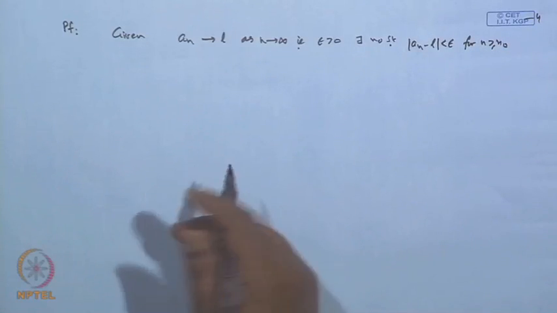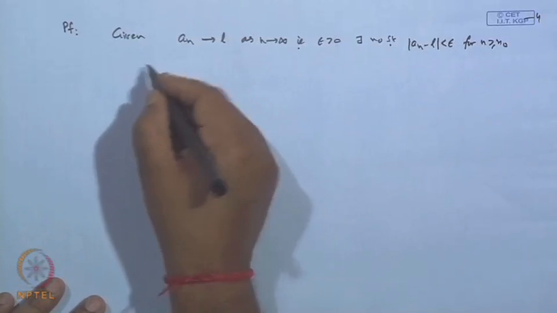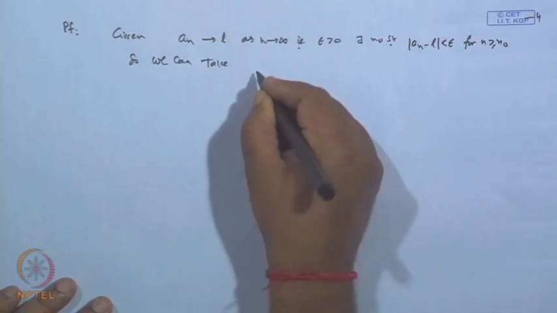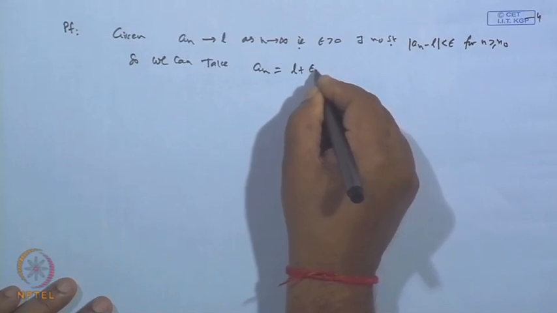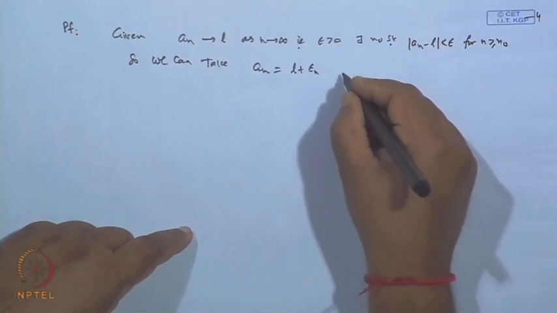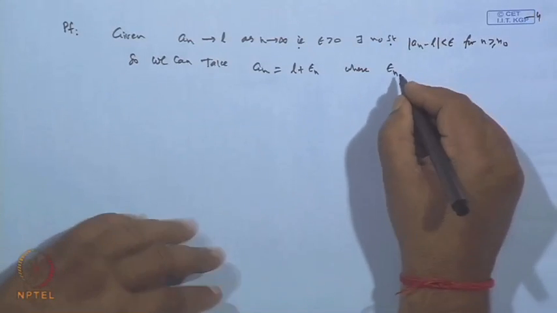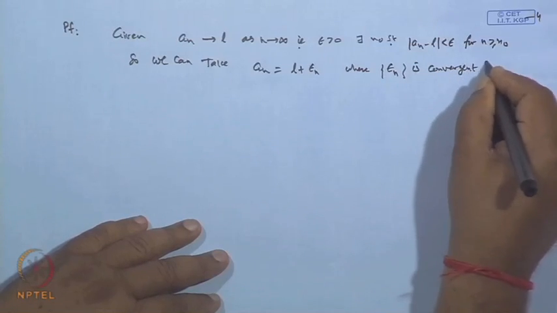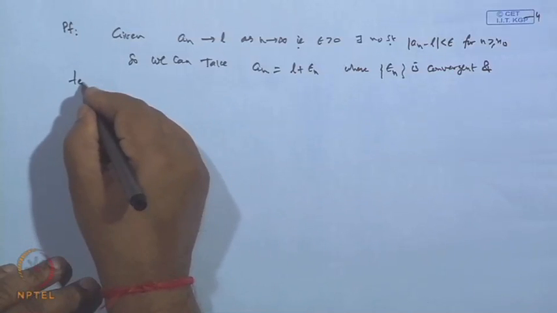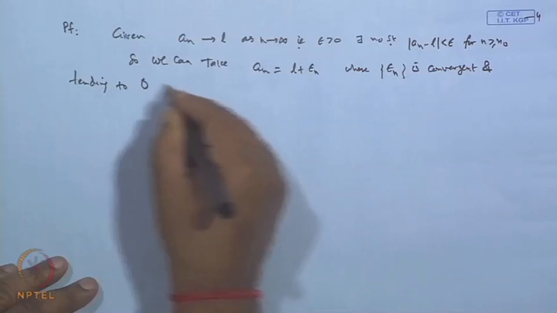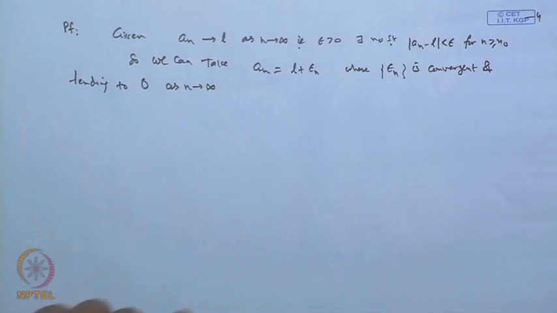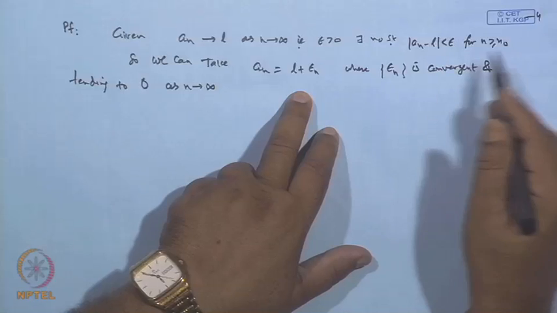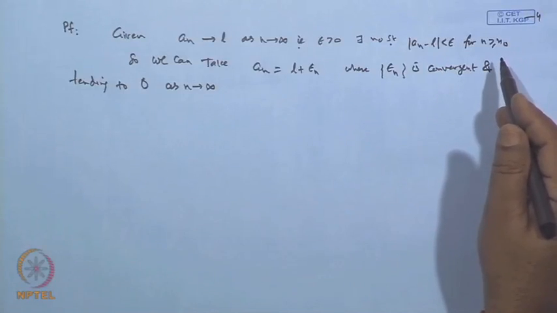So, we can assume or we can take a_n as L plus epsilon_n, where this sequence epsilon_n is convergent and tending to 0 as n tends to infinity. So, when n tends to infinity, the sequence epsilon_n goes to 0. It means a_n minus L can be made as small as we please after a certain stage. Okay. So, let us suppose.